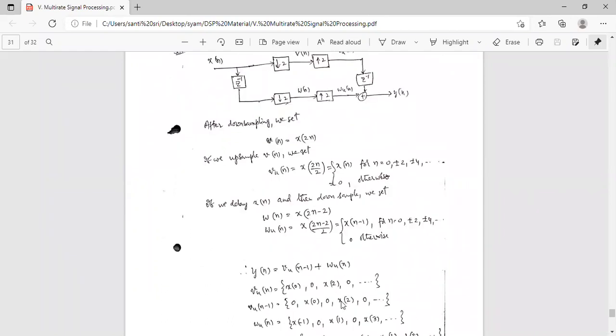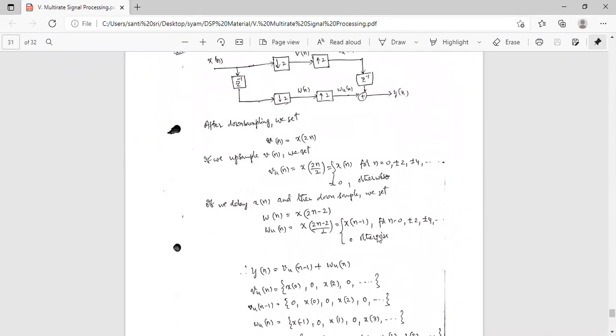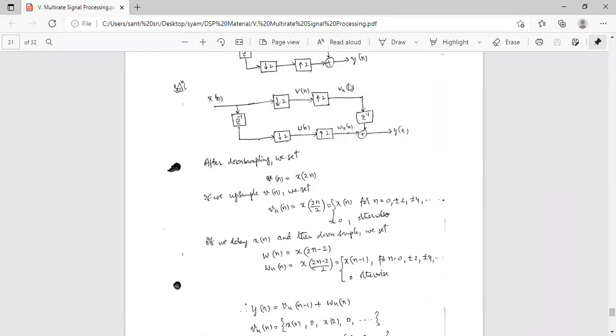And it is 0 otherwise. Then y of n is obtained by adding these two: vu of n minus 1 plus w of n. So here this is vu of n, and after the delay this is vu of n minus 1.